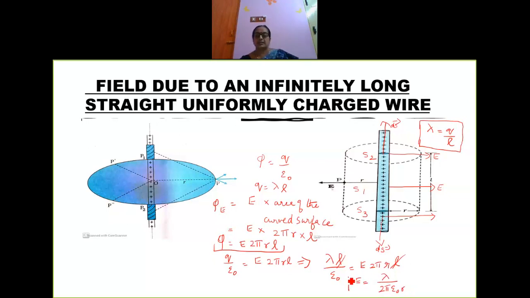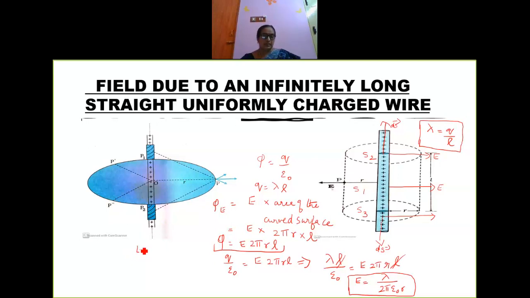So this is the equation to determine the electric field due to an infinitely long, straight, uniformly charged wire. Now here I have written the magnitude alone. Now I need to have the vector.